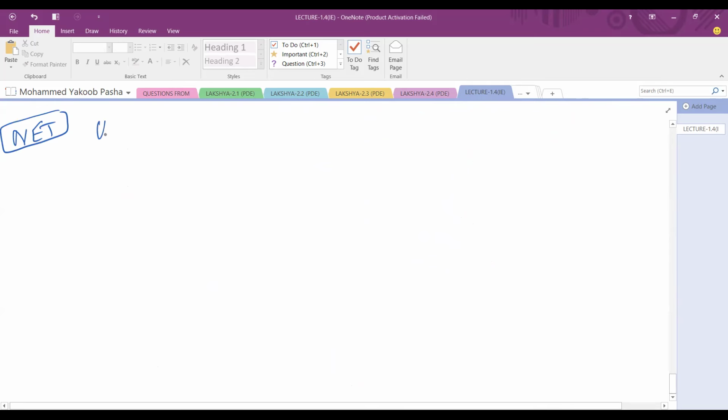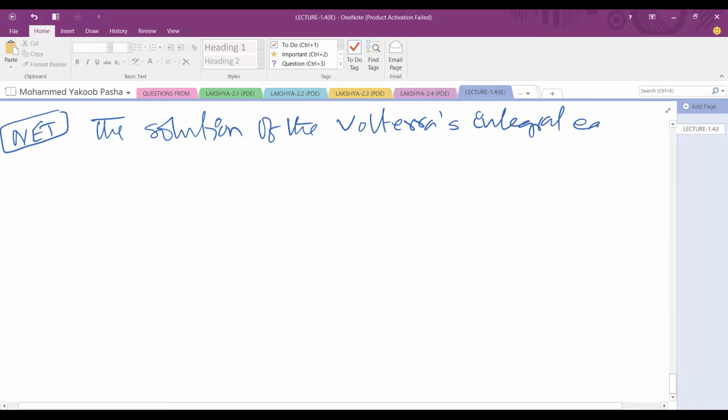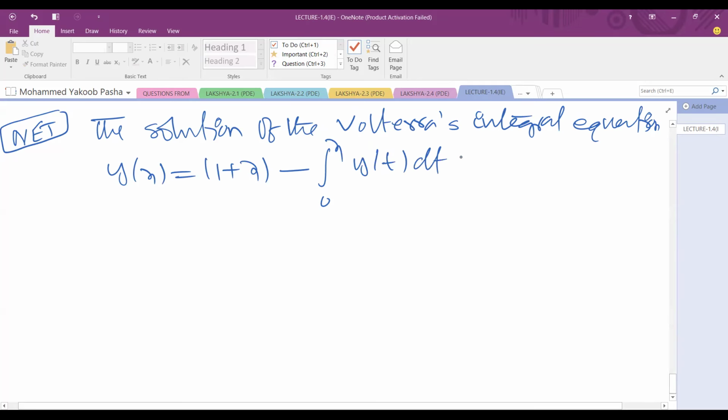The solution of the Volterra integral equation, y of x is equal to 1 plus x minus integral 0 to x y of t dt, is.